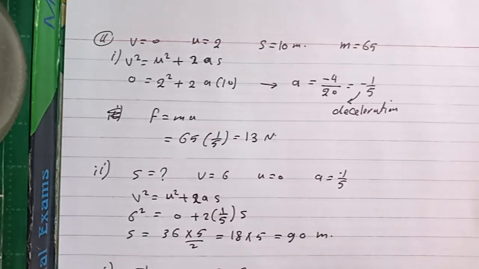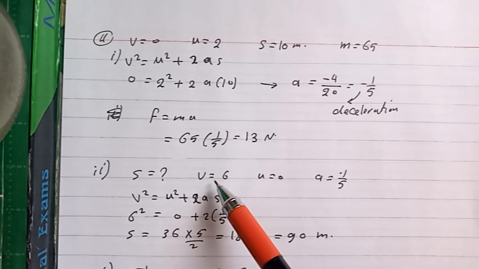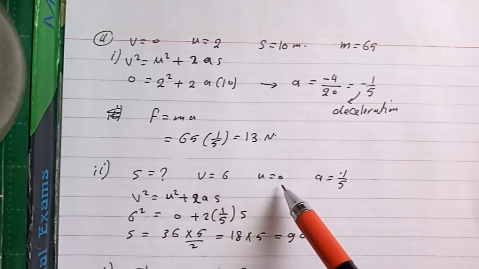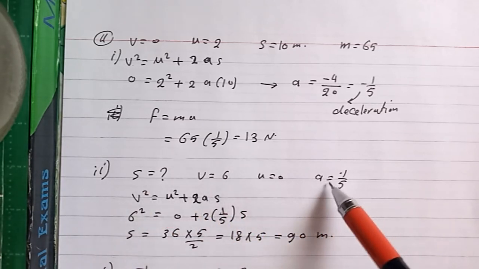Second part of the question, the distance he would travel gliding to rest from an initial speed of 6. We need to get the distance with the same acceleration, which is 1/5.